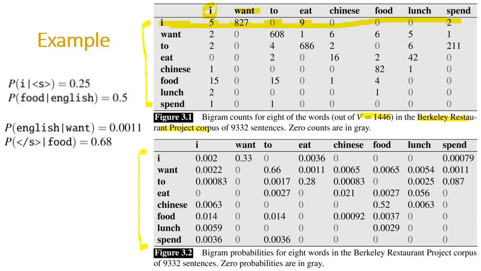So you sum the occurrences of "I" followed by any of these words, and then you divide this 5 by the sum of all occurrences of the word "I". So you get this 0.002. Same for the other values. So the sum of each row here must be 1. And then there are also some probability values provided here, whose purpose will be clear in the next slide.